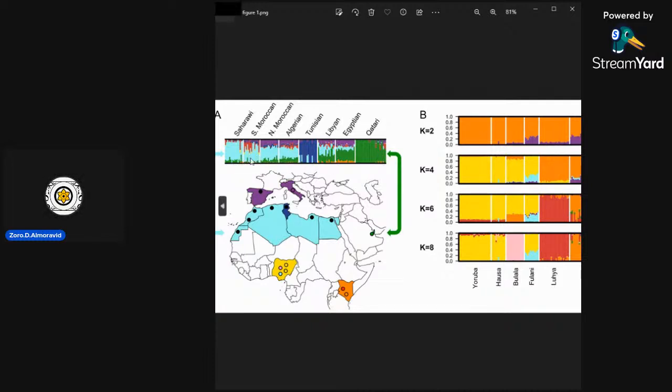The minimum eastern markers you're going to find are in this region, and the most are in here, which is completely logical, because the closer you get to the geographical native land of the Arabs, the more eastern or Middle Eastern Arab components you're going to find. And the closer you get to the native land of the Amazigh, the more native indigenous Maghrebi components you're going to find.